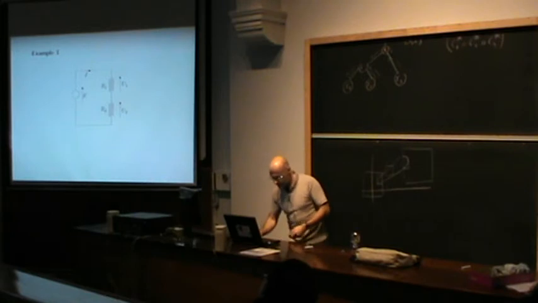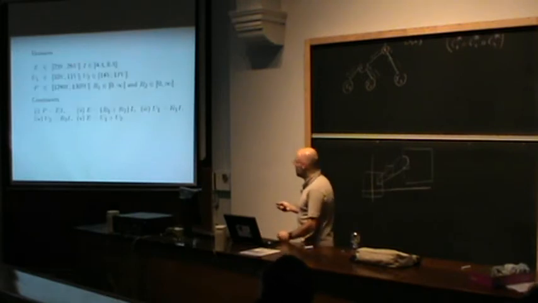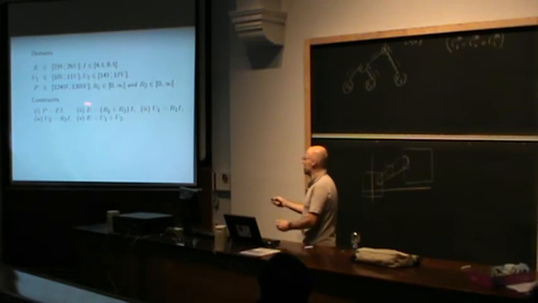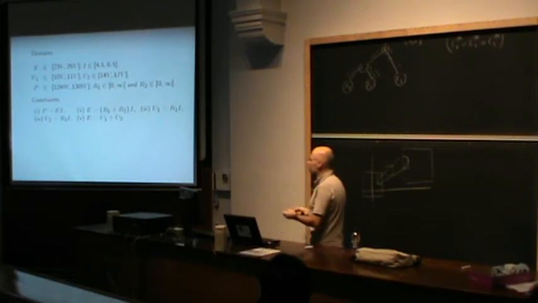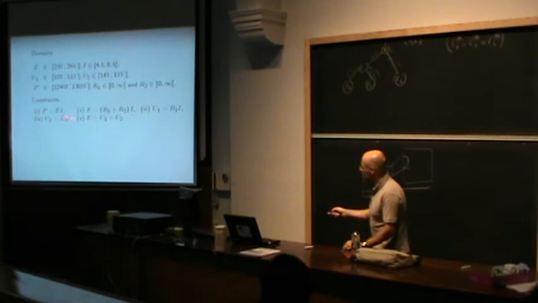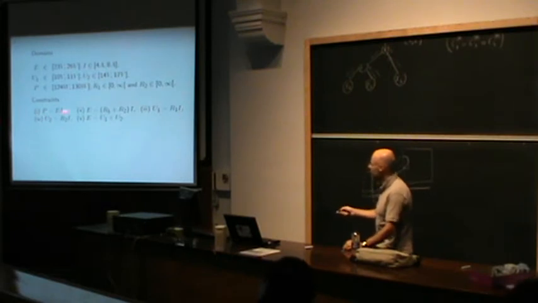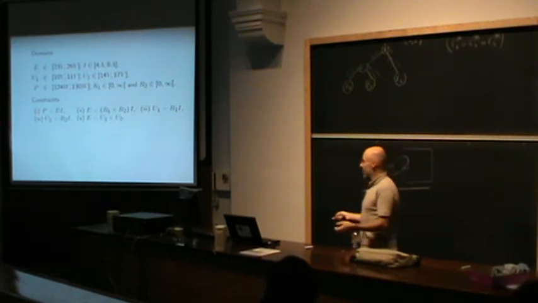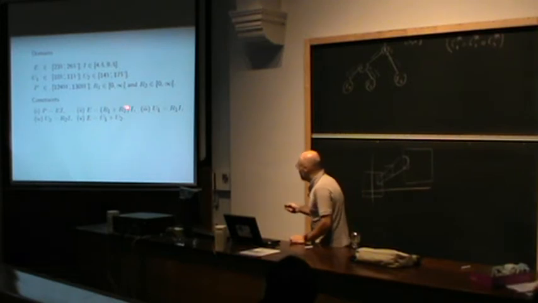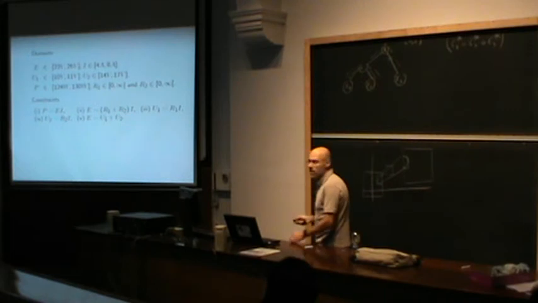So what I can do, I will replace all my circuit by equations using, for instance, the Kirchhoff equations. And these equations correspond to constraints. Here I have 1, 2, 3, 4, 5 constraints. As you can see, from this constraint and this one, I can prove this one.